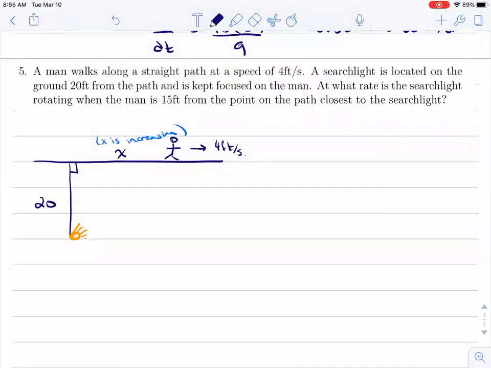And what else can we jot down here? Well, the angle that it's rotating at, let's say here, let's call this just theta.